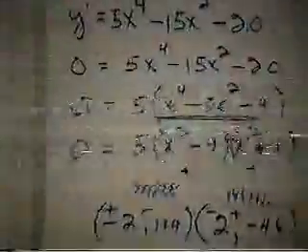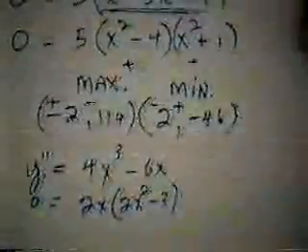No, wait a minute, I got a mistake. Let's go back down here and look. My mistake here: this is x cubed, so that's an x squared. So when I set that equal to 0 and solve, I get plus and minus the square root. Now let's come back up here and write this. And so what we have is minus the square root of 3/2, 0, and positive the square root of 3/2.